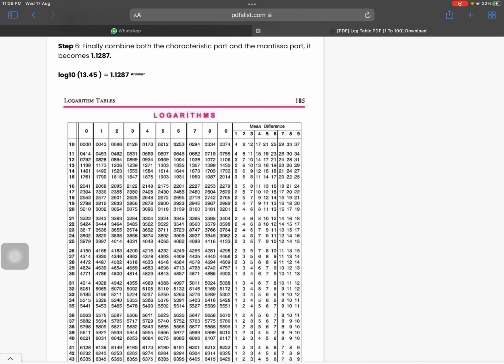And mean difference of 0 is always 0 only, because mean difference starts from 1 2 3. Okay, so 3010.